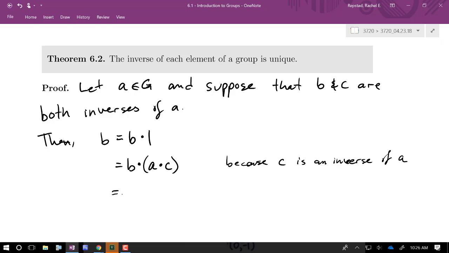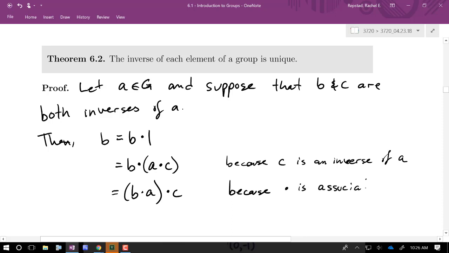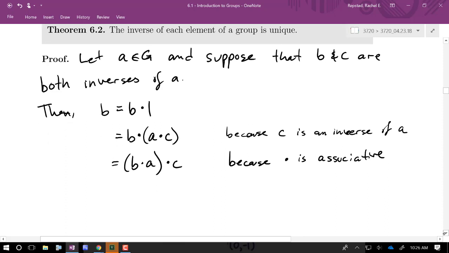At this point, though, now we can use the fact that a group is associative. The operation is associative. So we can write this as B times A times C. So it doesn't matter how we group the operation. So now look at what we have here, B times A times C. But let's focus on the part in the parentheses.